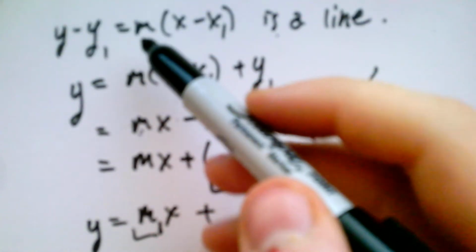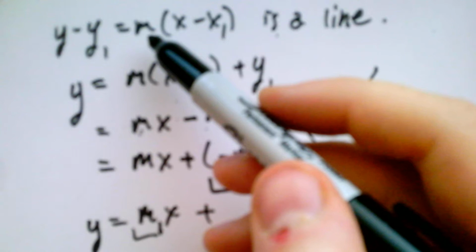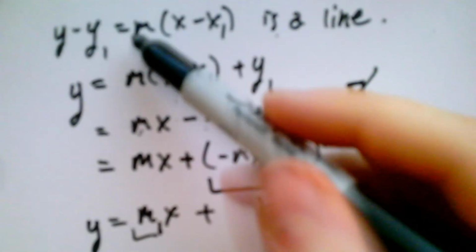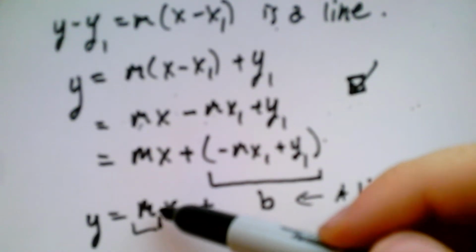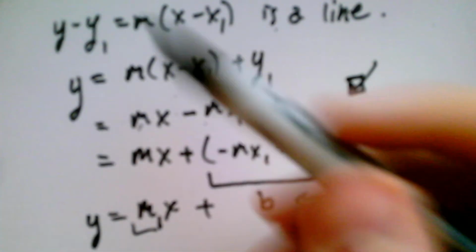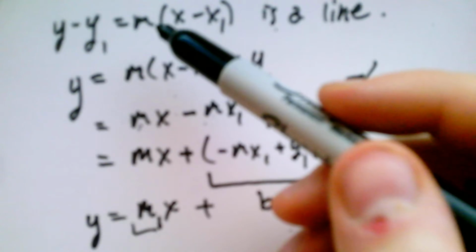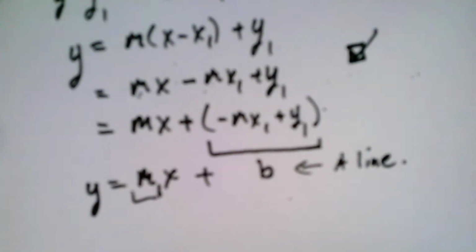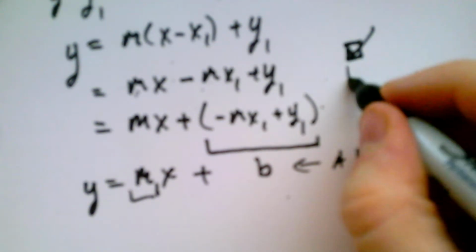So that means that the use of the letter m here in point slope form matches the use of m in this equation here in slope-intercept form. So we can say that m is the slope of this line. And this is our second checkbox that we can tick off.